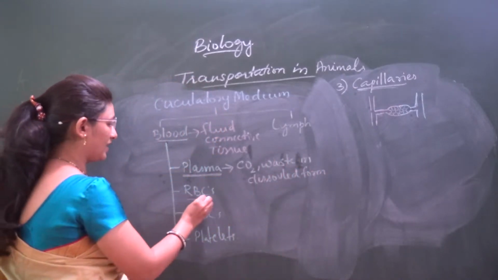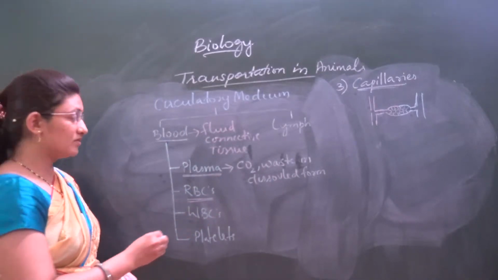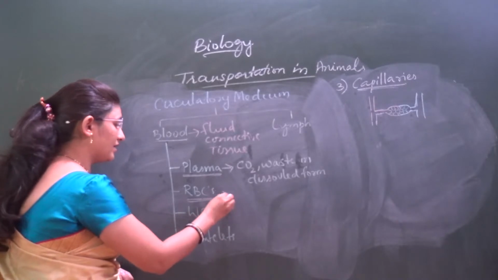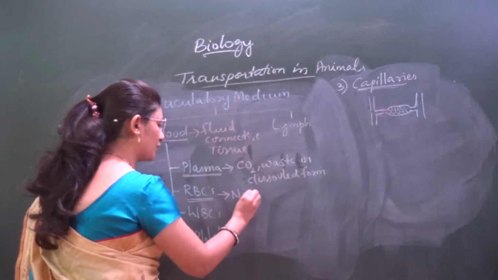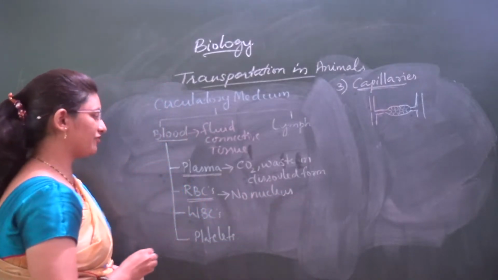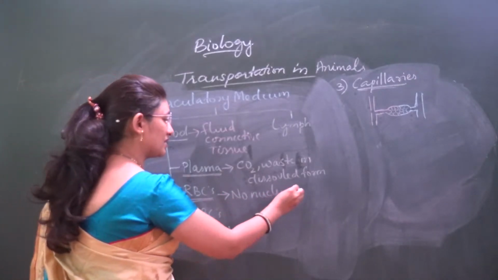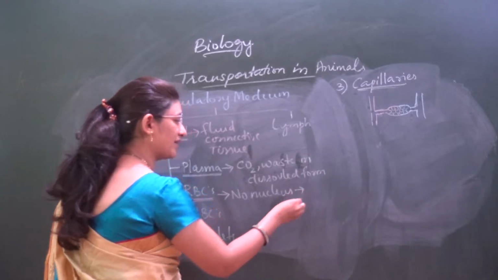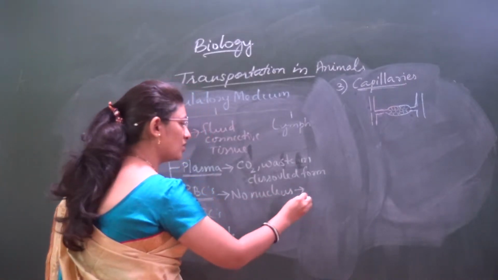Right. The next, the red blood cells. The red blood cells lack the nucleus. They do not consist of the nucleus. That is why the red blood cells have a very short lifespan. As they do not consist of the nucleus, they provide large space for the absorption of the oxygen.